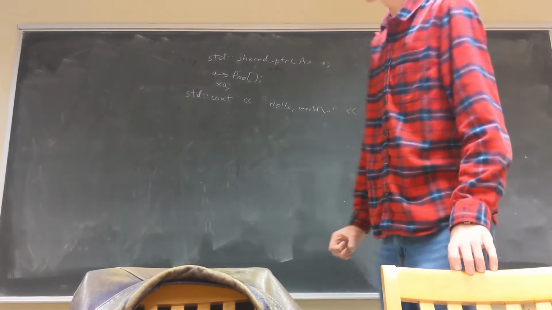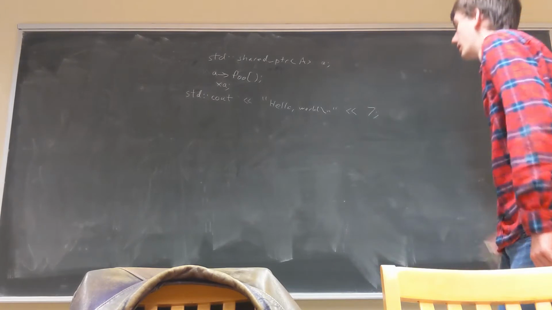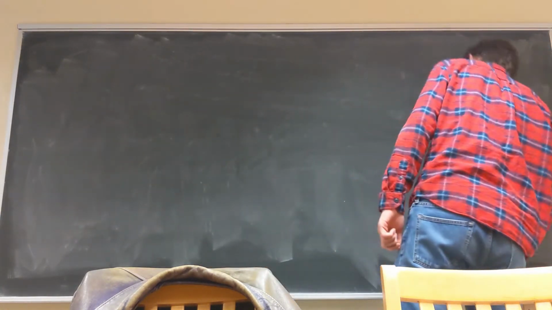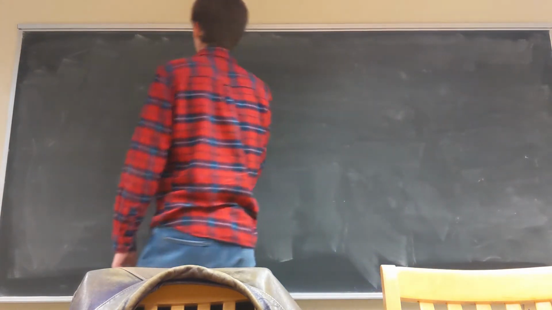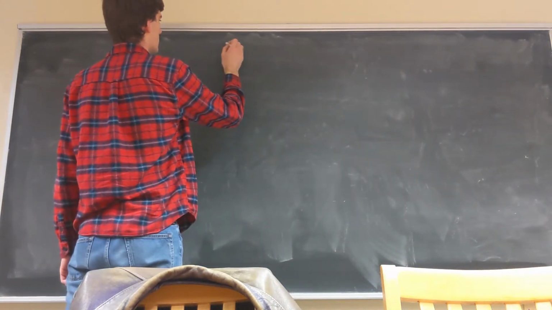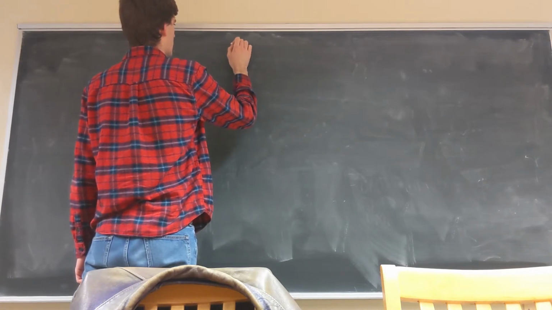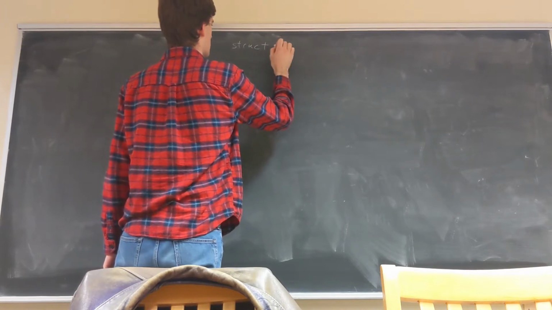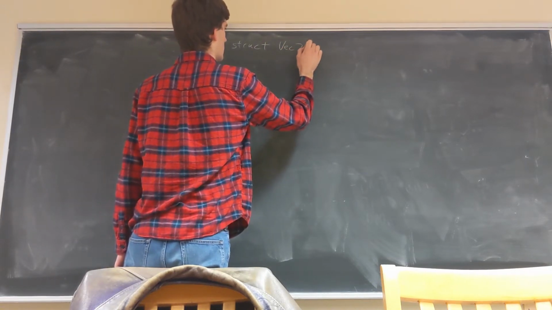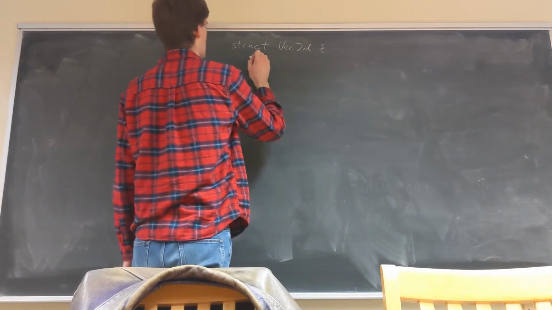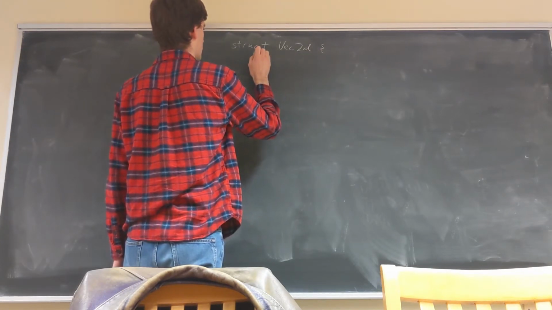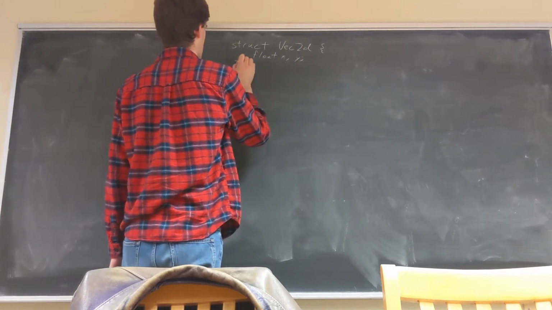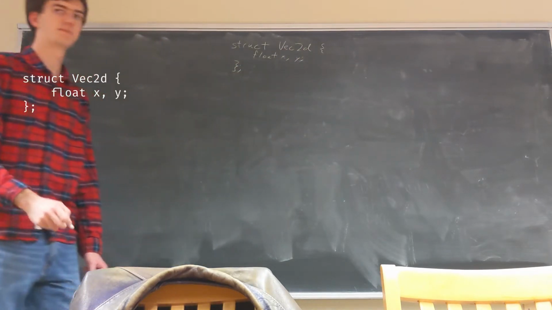Right. So how do we actually define an operator overload for a certain type we want to make? So let me actually make a semi-useful type here. I'm going to make it a struct, and we call it vec2d. That's our entire type definition. Okay.